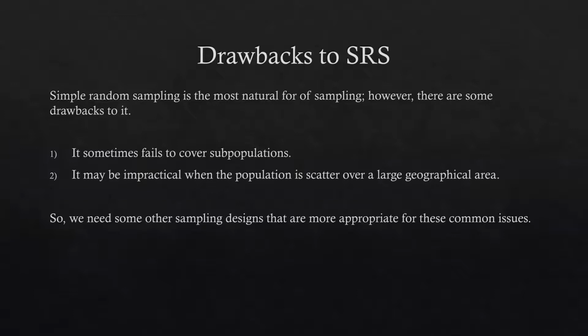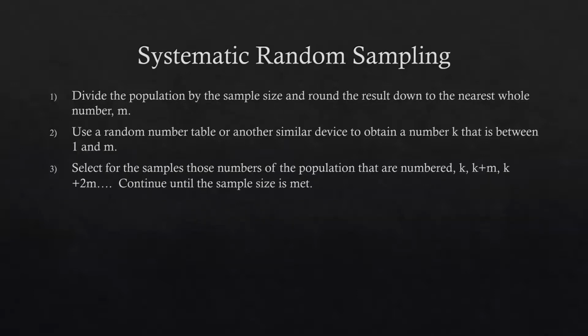So we need some other sampling designs that are more appropriate for these common issues. The first thing we're going to look at is systematic random sampling. You divide the population by the sample size and round down to the nearest whole number.